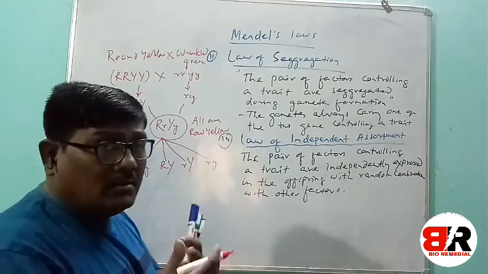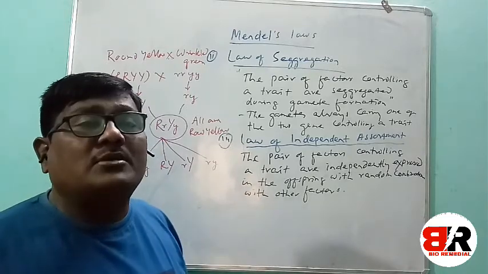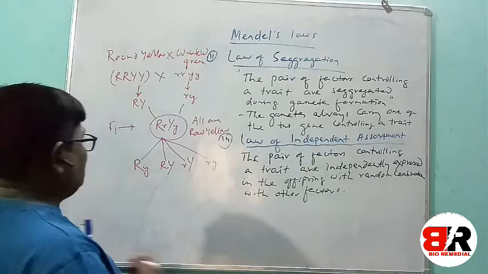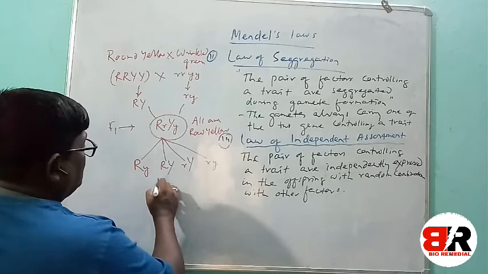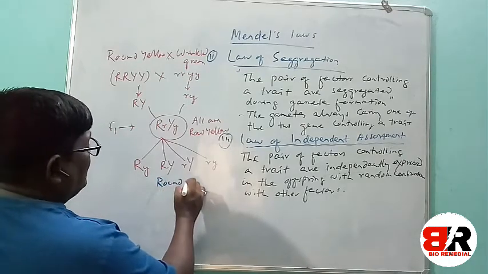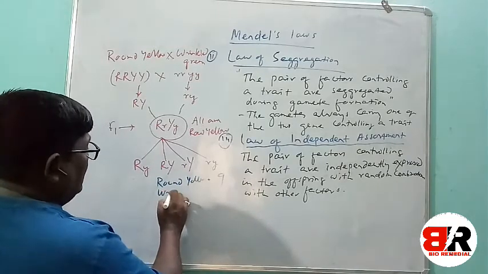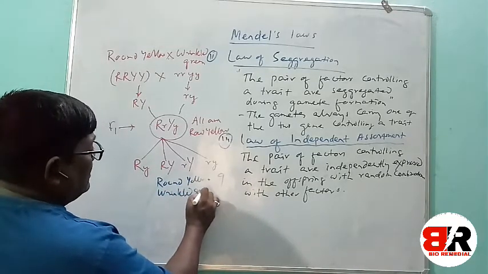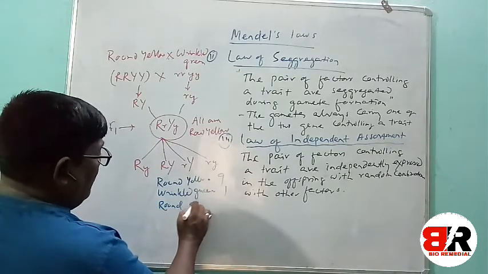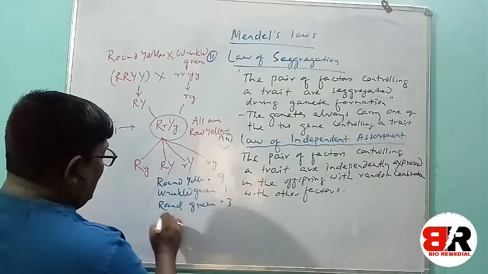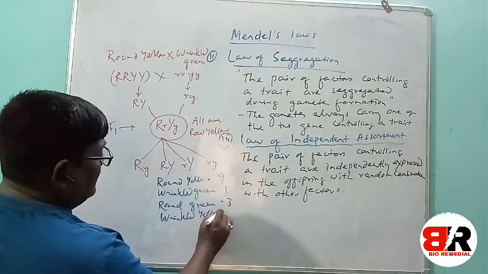If we combine them randomly, we will obtain 16 varieties of genotype. Out of these 16, the result was round yellow 9, wrinkled green 1, and then the new combinations Mendel found: round green 3 plants and wrinkled yellow again 3.